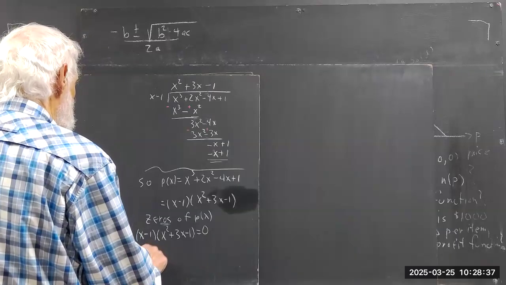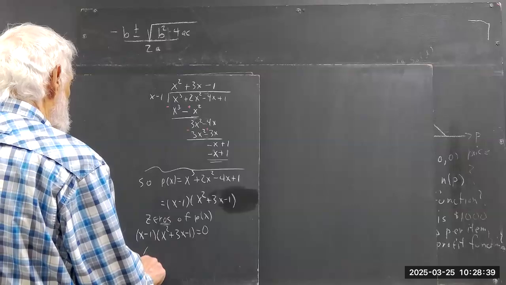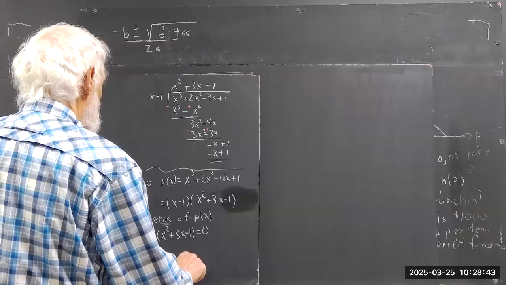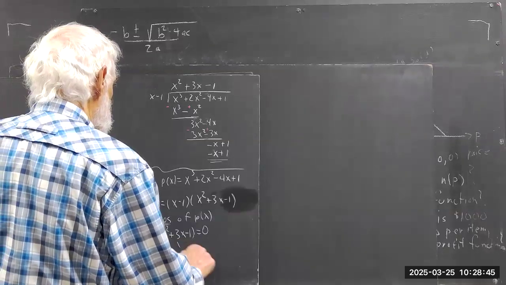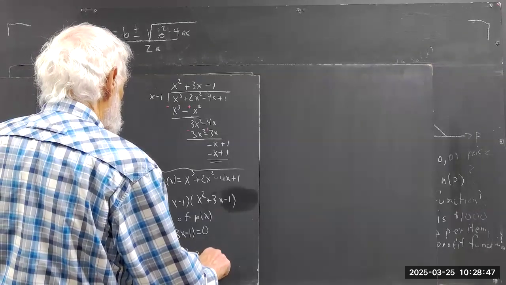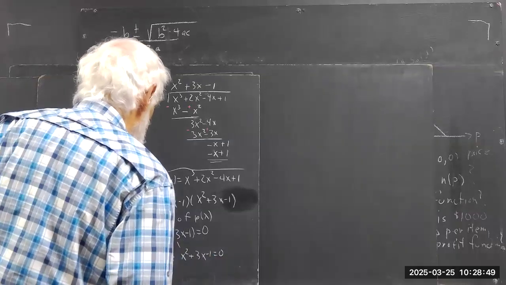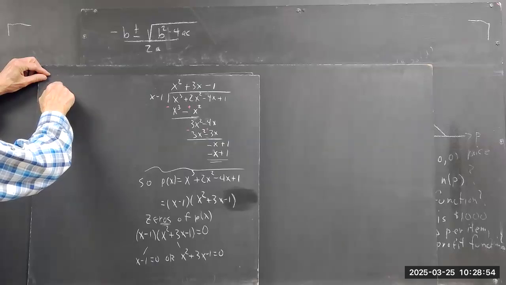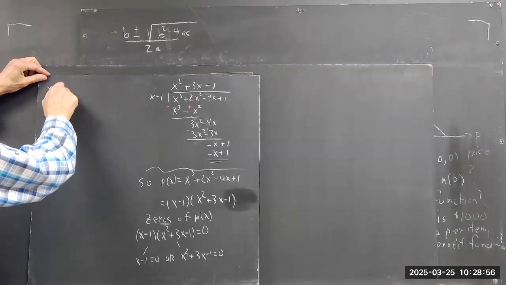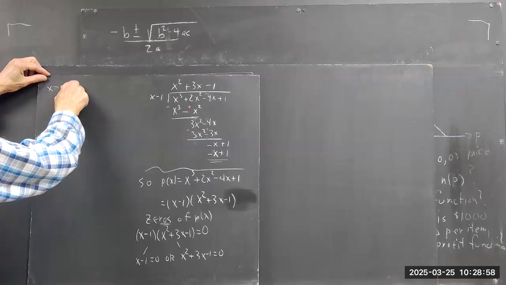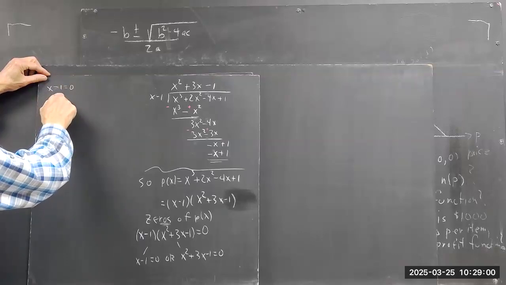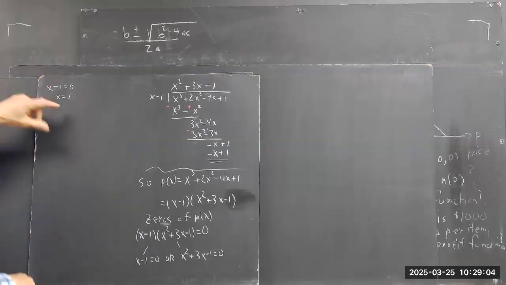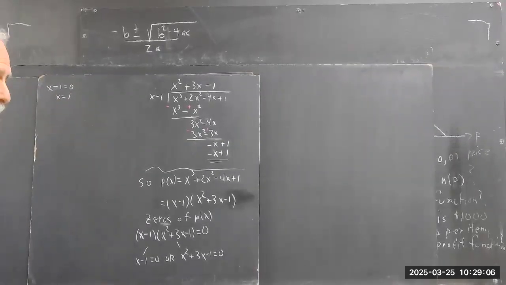That means x minus 1 equals 0, or x squared plus 3x minus 1 equals 0. Okay, now x minus 1 equals 0. We solve quickly, and we find that x equals 1.